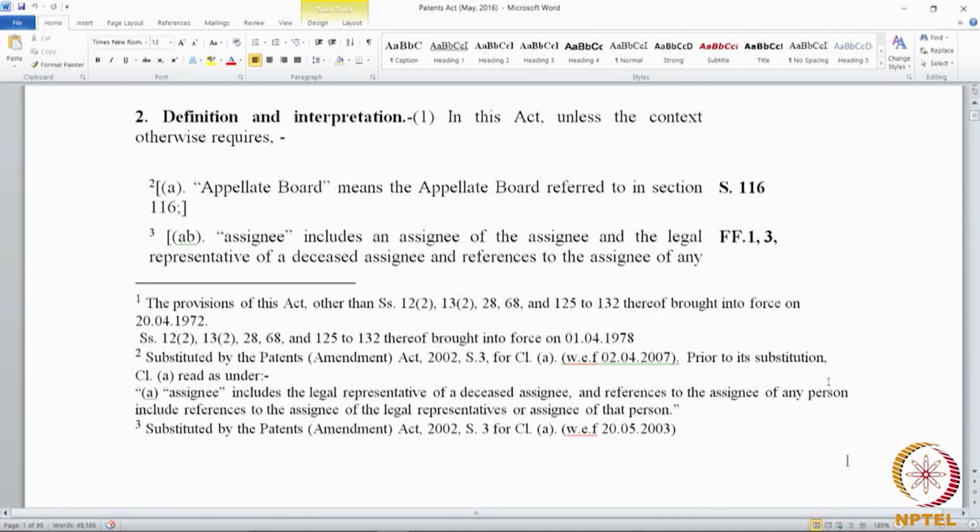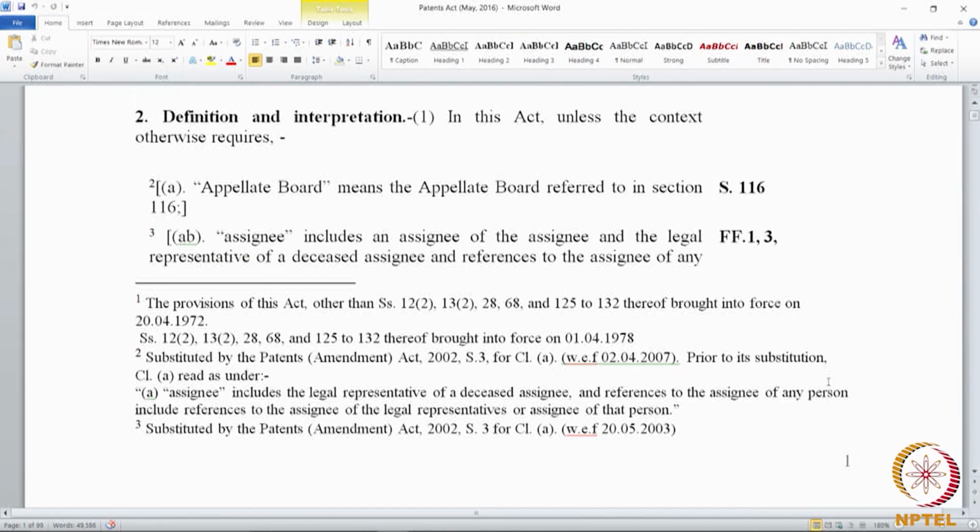We will see instances where the definition can be contained in the definition clause. The definition can also appear in another part of the Act, not in the definition clause, but the definition clause will have a cross reference to it. The definition can also refer to a definition of that particular concept or word in another enactment. So, you have different types of definitions. One, the definition clause defines the word in the definition clause itself.